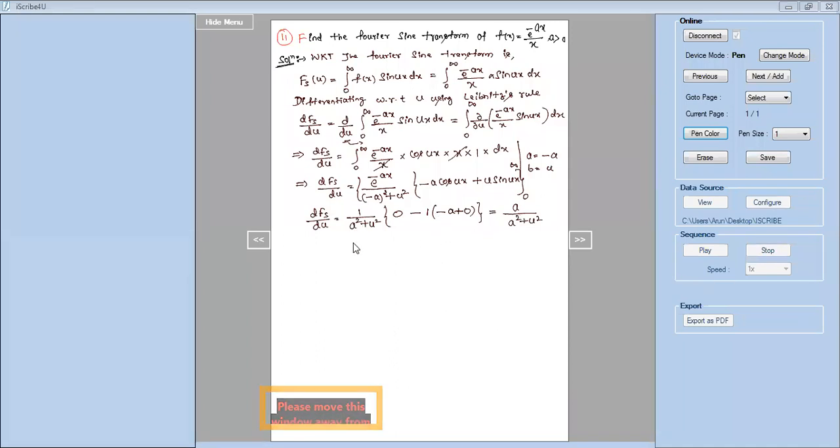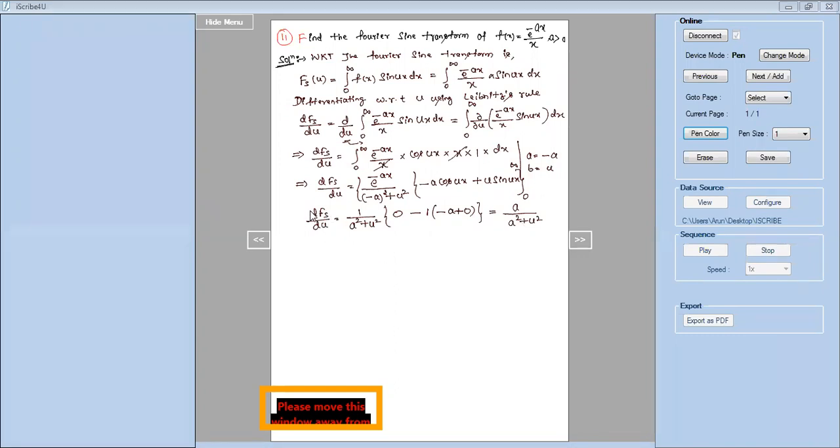This is a differential equation we got. It is a first order differential equation, and to solve a first order equation I can use separation of variables. There are two variables here, one is fs and another one is u. So let us separate now.